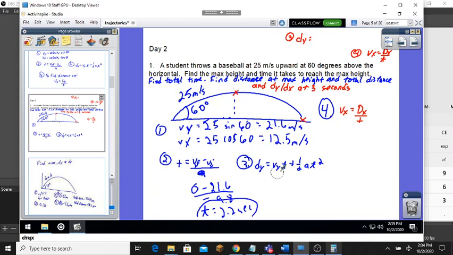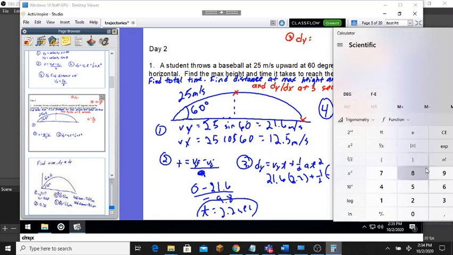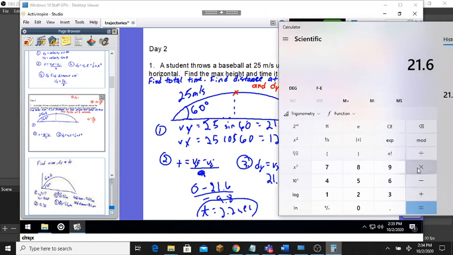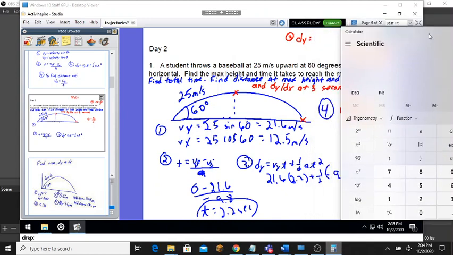So now over here, Vy, where do we get Vy from? From right here, 21.6. My time plus 1/2, negative 9.8, that's always negative, squared. So now we solve all this stuff here. 21.6 times 2.2 times 2.2, 47.5.